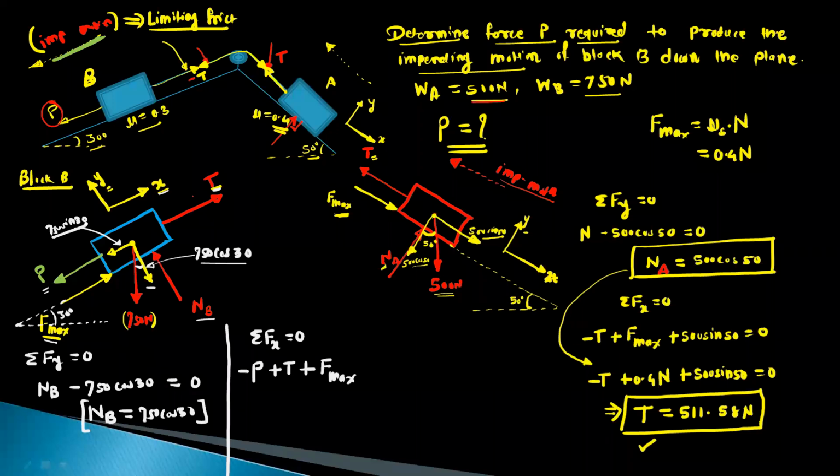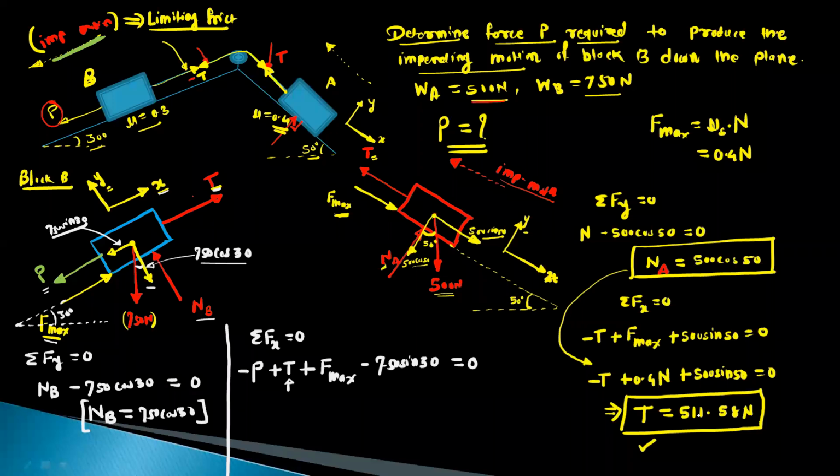And this X component, which is 750 sin 30, it is negative, so 750 sin 30 equal to 0.